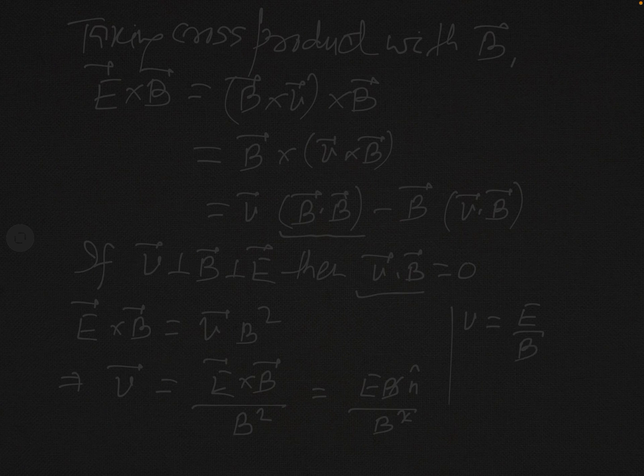Since this drifting is due to the electric field and is caused by the drifting of the guiding center, it is denoted by the symbol VE, and VE will be equal to E by B.